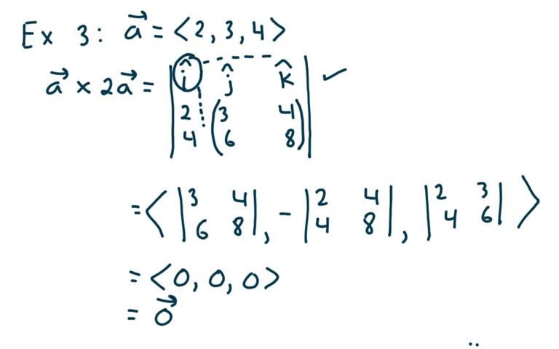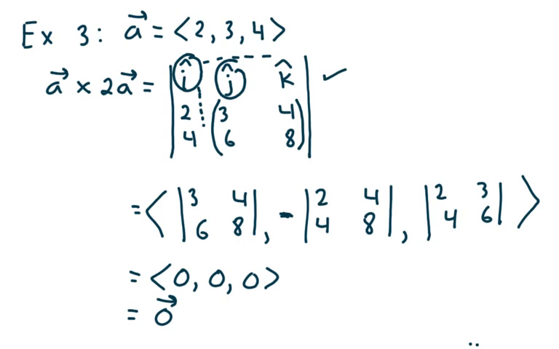For the second component, I'm going to take the determinant of the submatrix found by eliminating the row and the column that contains the j, right? So I'm going to take the determinant of 2, 4, 4, 8, but I'm going to take the opposite sign because you're in the second component.